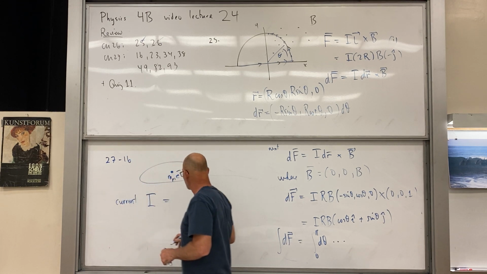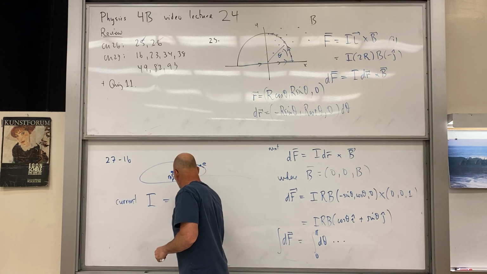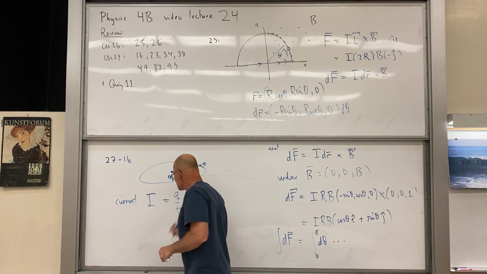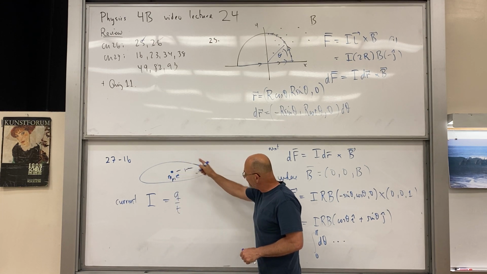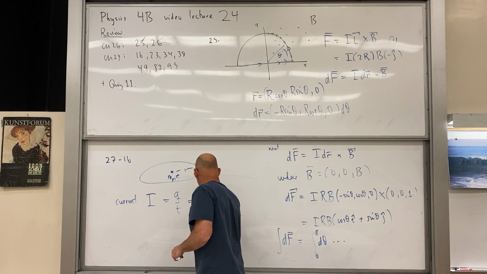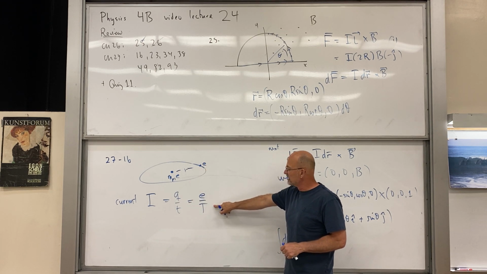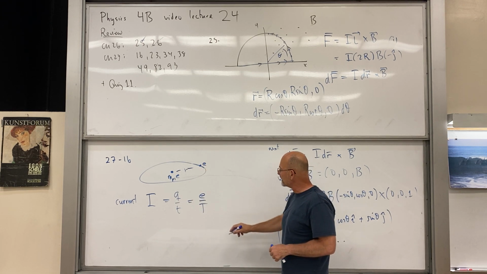Now the current, you can think of it in the following way. Remember, it's charge per time, but this thing is a periodic motion, so it's actually E over T. Okay, electron charge divided by the period of the orbit.